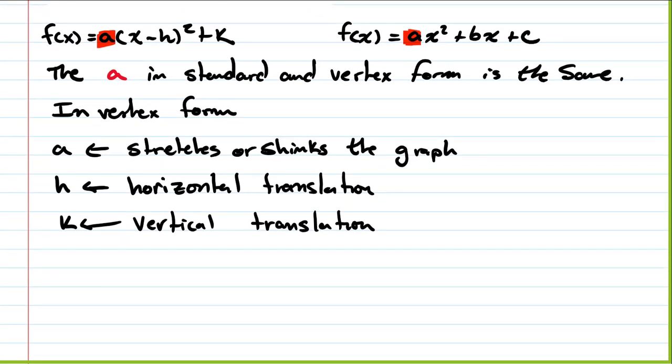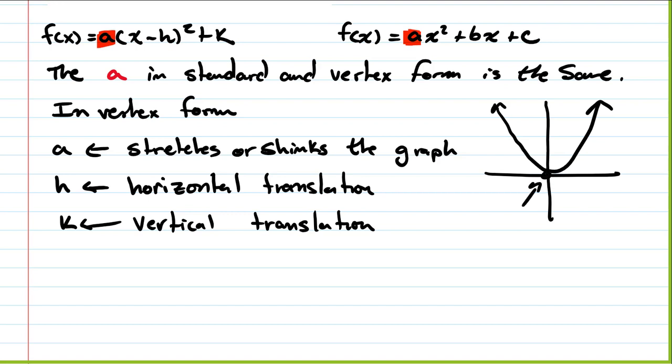So if we have a graph or a function that is in vertex form, we know immediately what its graph looks like because we know where its vertex is going to be located. So if we think about our generic parabola, the parent function always looks like this and goes through 0, 0.